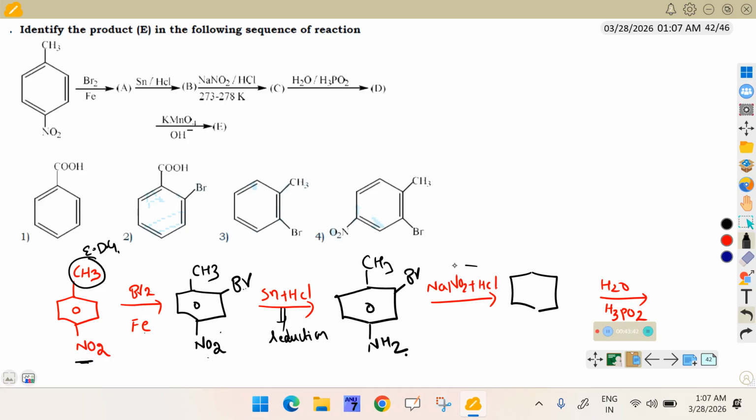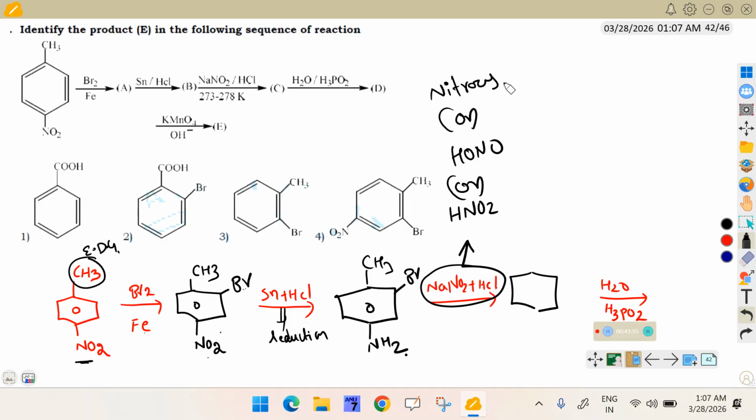In the place of NaNO2 plus HCl, sometimes they will give HNO2 or HONO or simply nitrous acid. It is aromatic 1 degree amine. That's the reason it is converted in the form of BDC, N2 plus Cl minus CH3 Br.